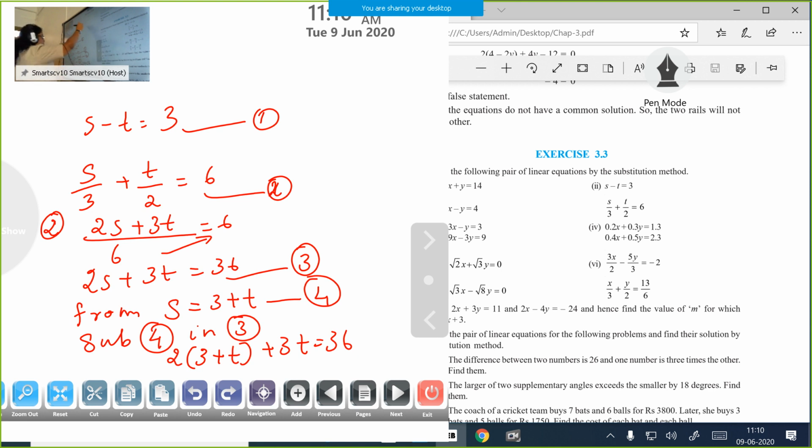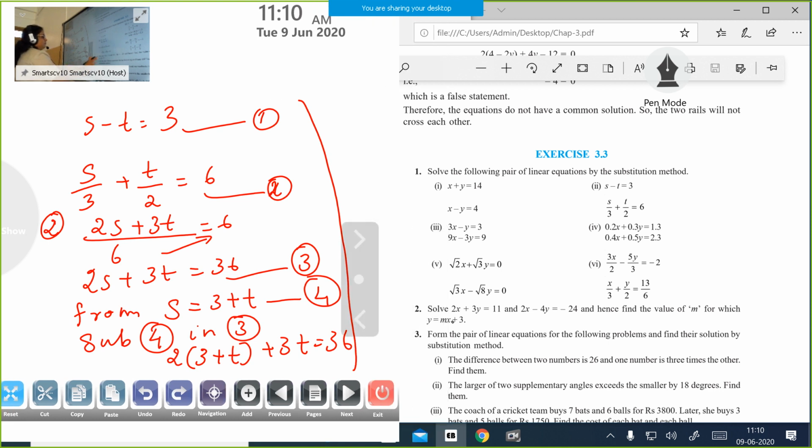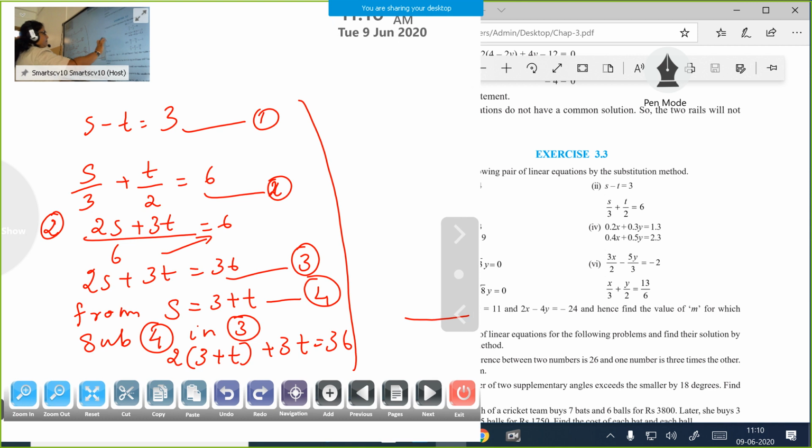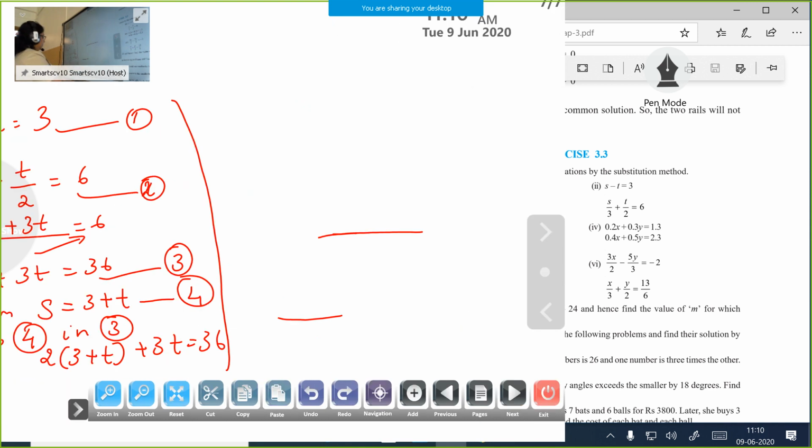Now we have an equation in one variable, it contains only t. Open the bracket: 2 into 3 is 6, 2 into t is 2t, plus 3t is equal to 36.